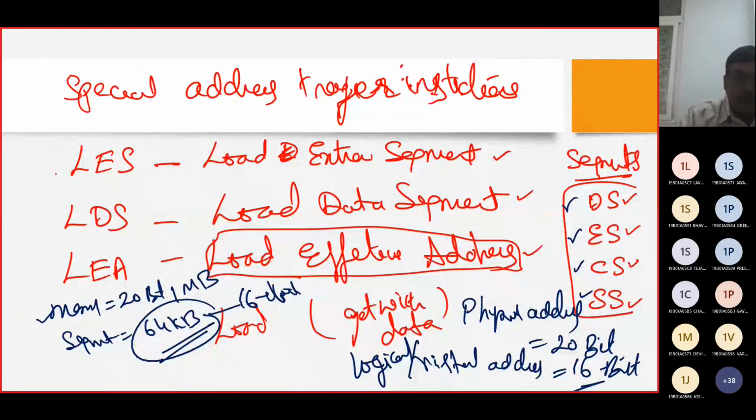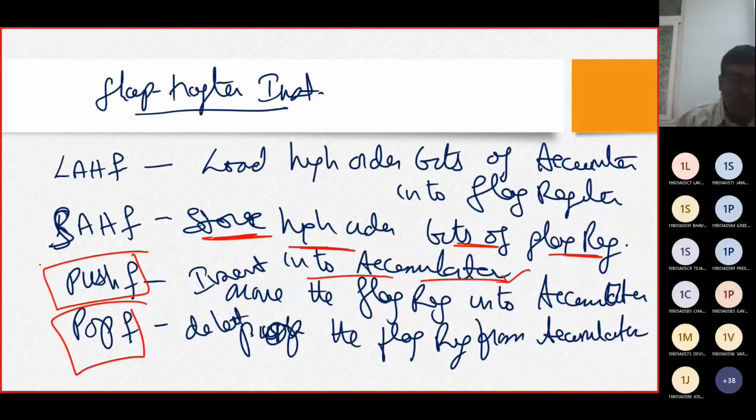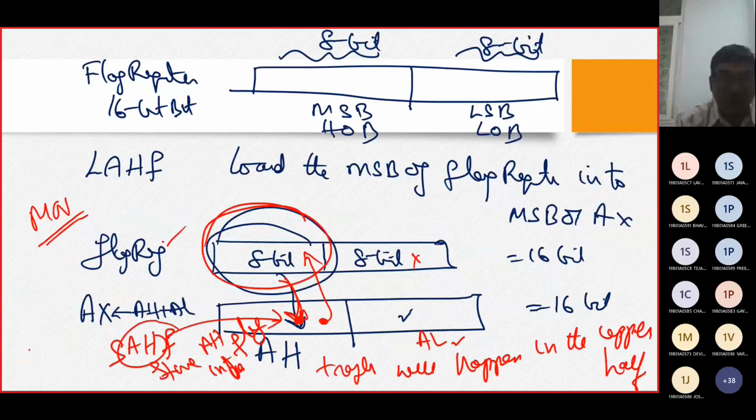Then sixth one is load effective address: load extra segment, load data segment, load effective address, and then load high order bits of the flag register, store high order bits of the flag register, and push the flags and pop the flags.